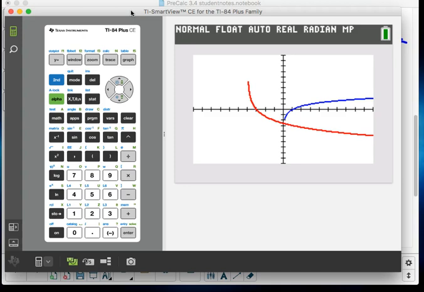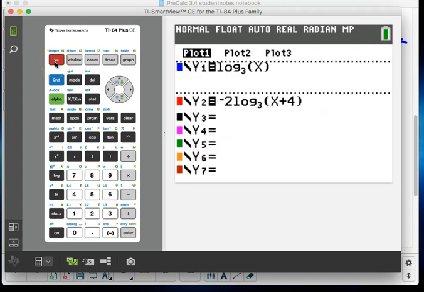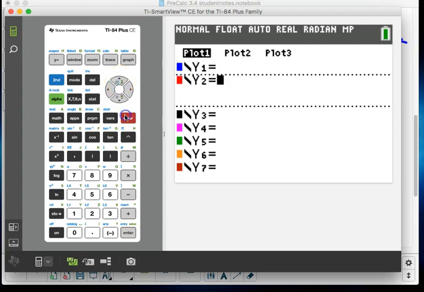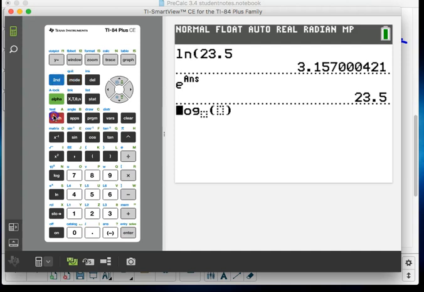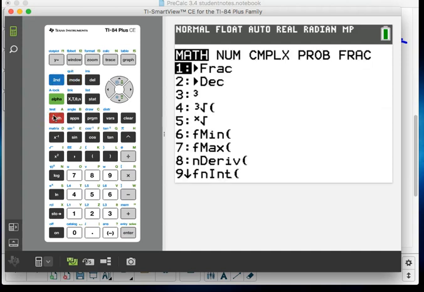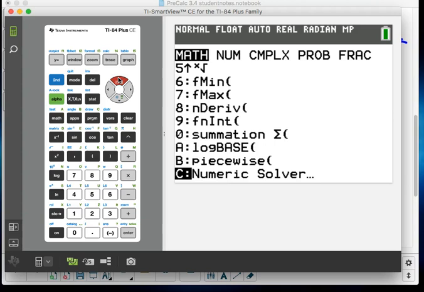Now, here's the thing. Let's go to y equals. I'm going to clear these out. Now, I'm talking about change of base. So I'm back here at second quit, and I want to go to math and go to A. Hey, log base.